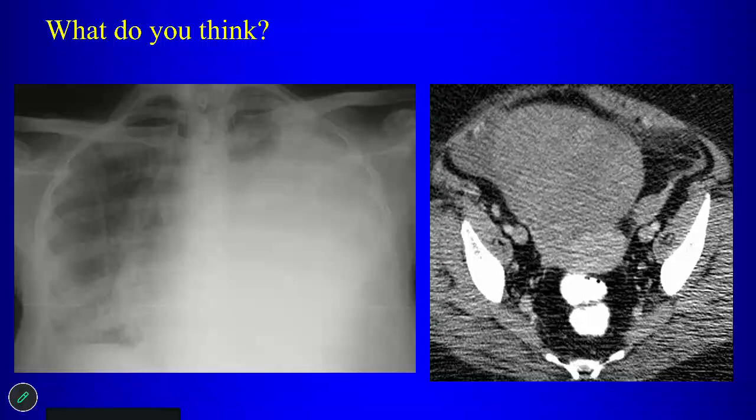And when we turn our attention to the CT, we're in an axial section of a CT abdomen pelvis, and we're looking at what is the uterus and several, I guess, heterogeneously attenuating lesions of the uterus.